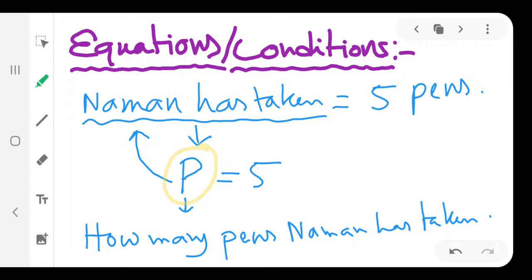So this is a variable. But you can see here, this variable is equal to 5. That means nobody can change it. Naman has taken already 5 pens. It's done. So this is called one equation, right?